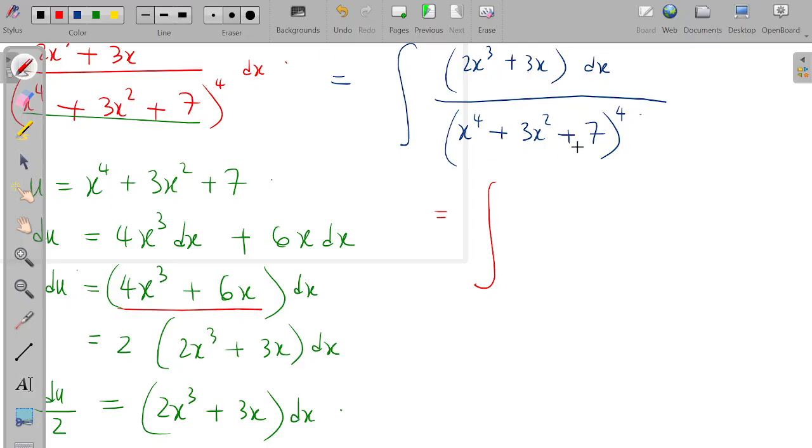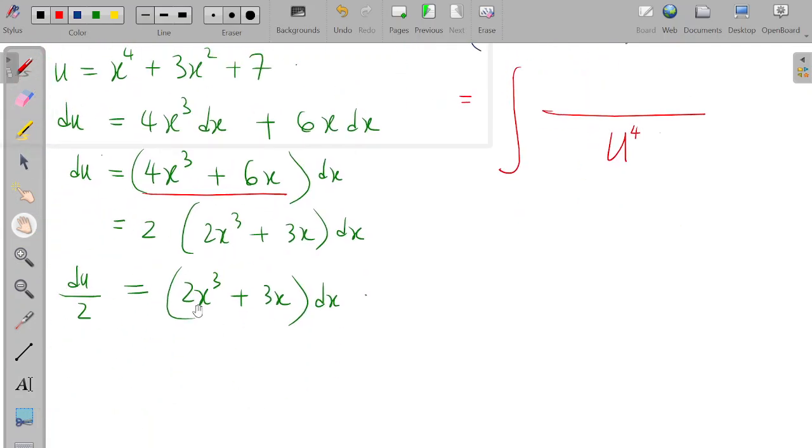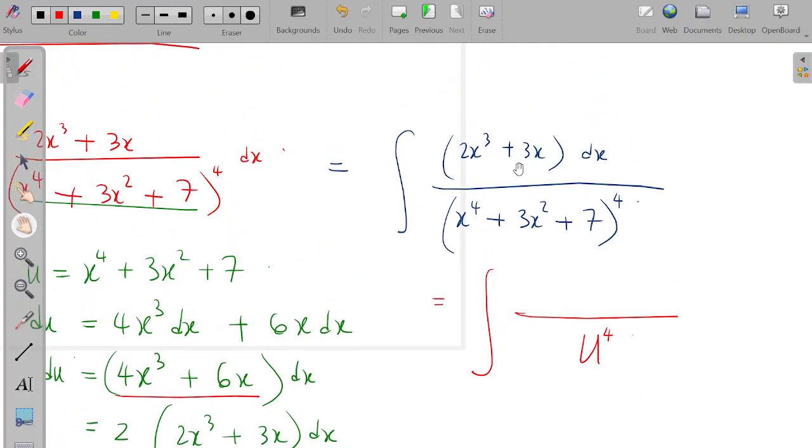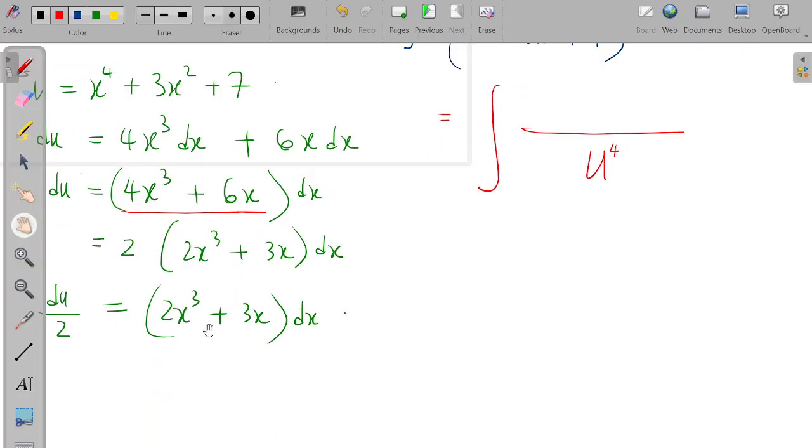So the whole of this denominator base is u, raised to the power 4 now. Instead of the numerator, I will change it to du over 2. You see, this is exactly what we have here.